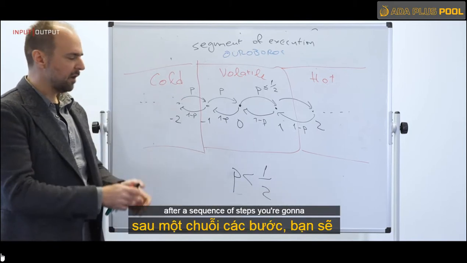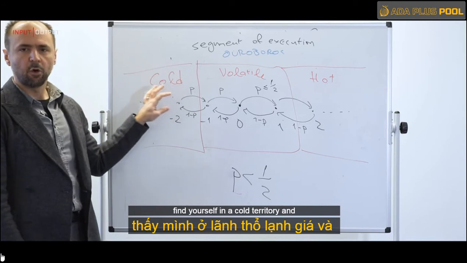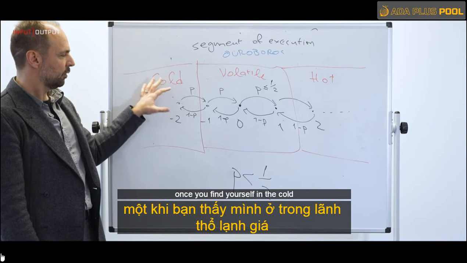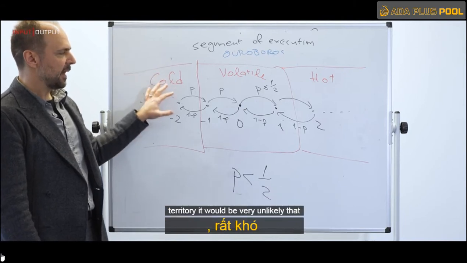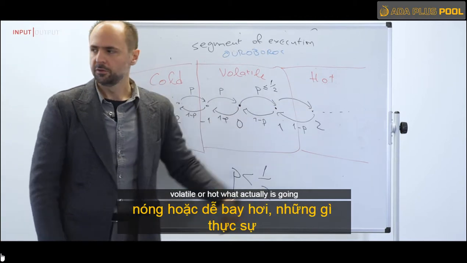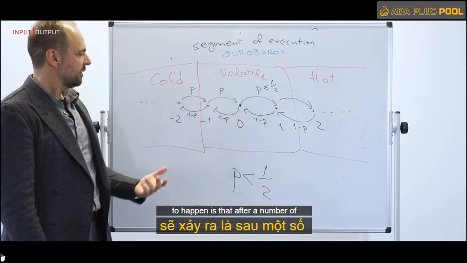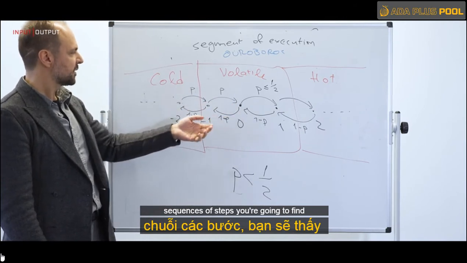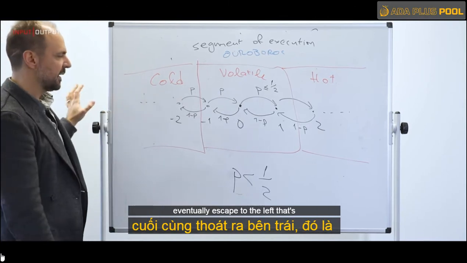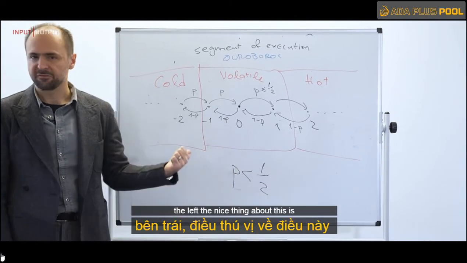We can prove that after a sequence of steps, you're going to find yourself in the cold territory, and once you find yourself in the cold territory, it will be very unlikely that you will be able to return to volatile or hot. What actually is going to happen is that after a number of sequences of steps, you're going to find yourself in this territory and eventually escape to the left. That's because the random walk has a bias to the left.